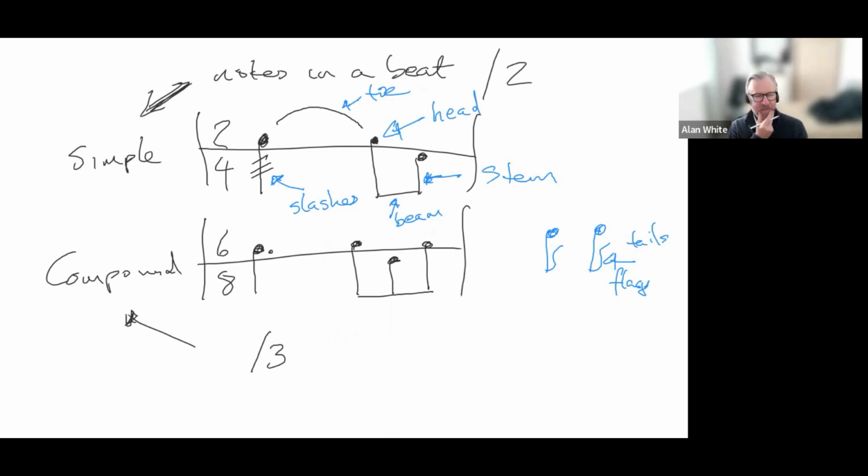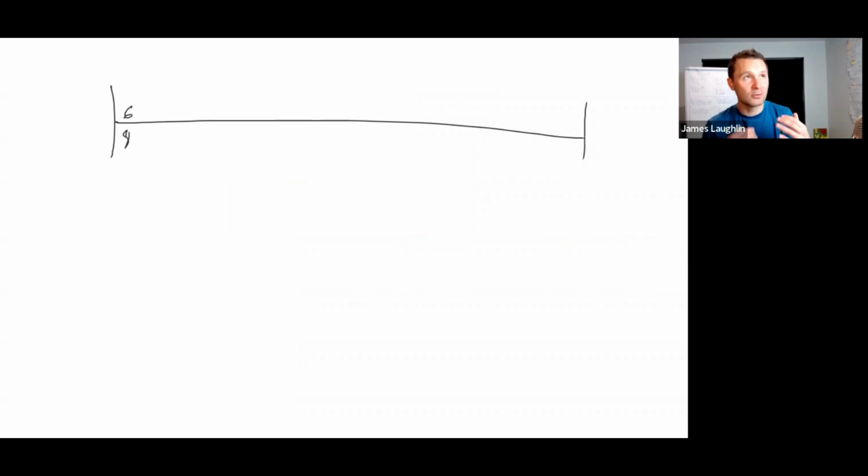Let's take a jig. For people thinking jig, right away it's likely going to be a 6/8, but it could be a 9/8 or 12/8, but likely a 6/8.